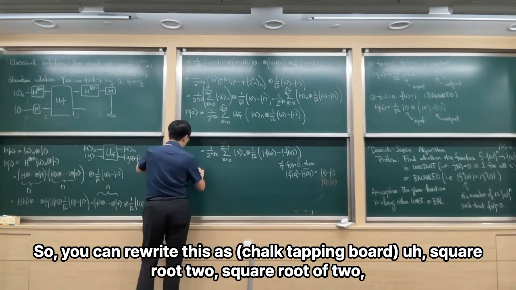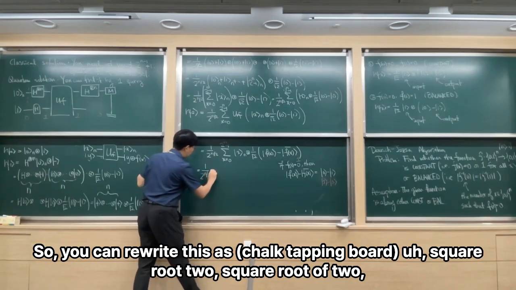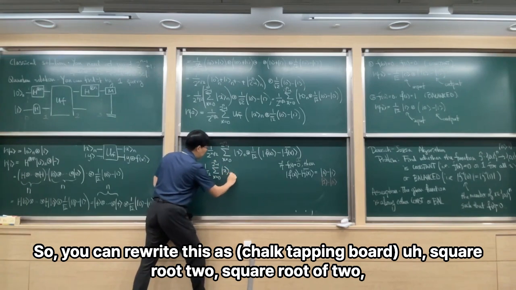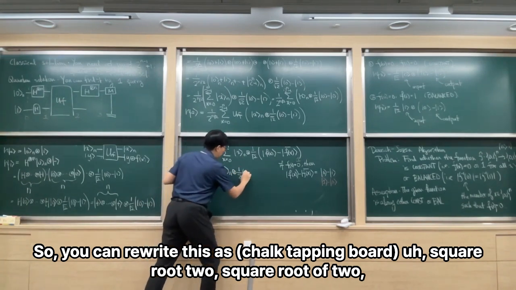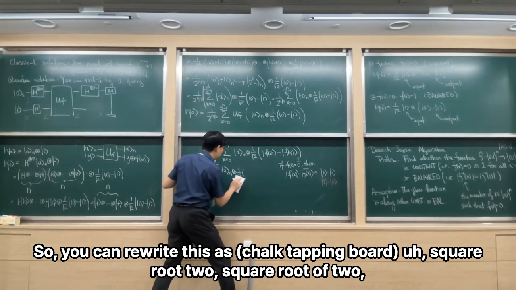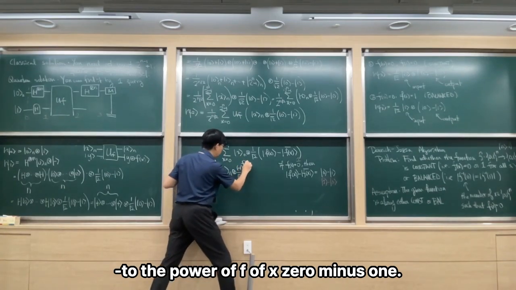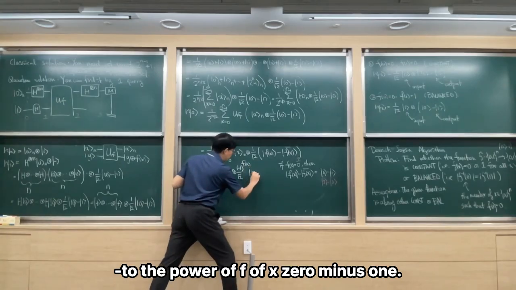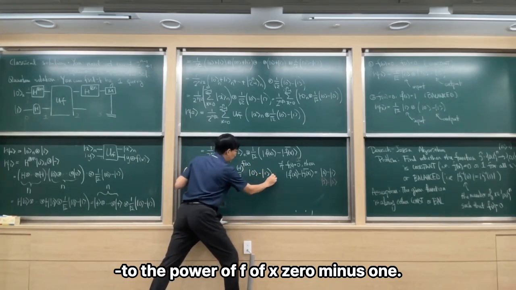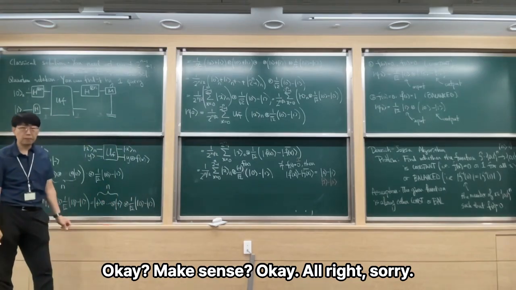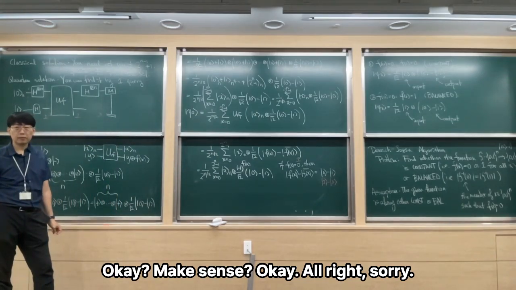You can rewrite this as 1 over square root of 2, and then put the symbol here, minus 1 to the power of f of x, 0 minus 1. Okay? Make sense? Okay?